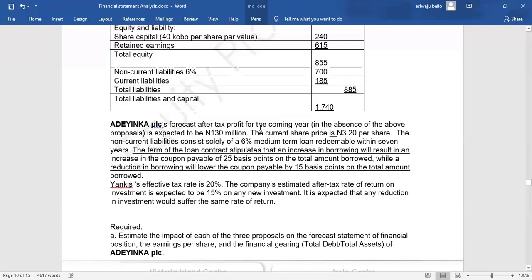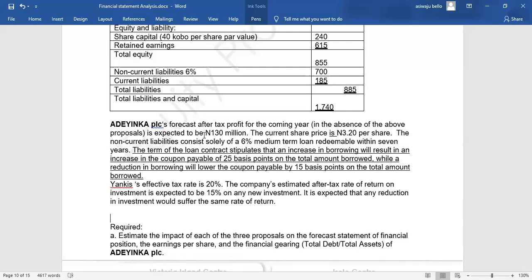Now, we are told that the profit after tax of the company is 130 million. For you to have profit after tax, that means you have deducted interest. You have deducted tax. In the absence of the above proposal, the profit after tax is expected to be 130 million.